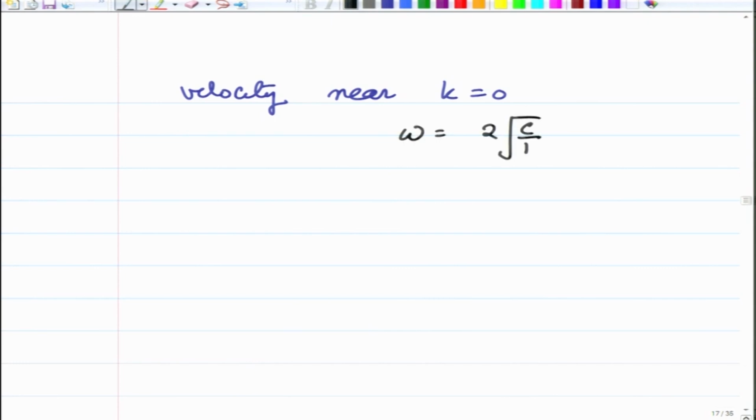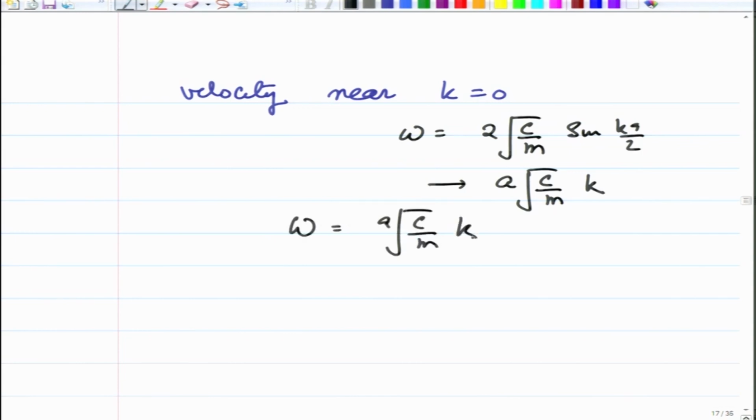Let us now understand the velocity near k equals 0. Near k equals 0, we saw that omega is equal to 2 root c over m sine ka by 2, and it goes to a root c over m times k. If k tends to 0, this means 2 pi over lambda tends to 0, or lambda tends to infinity.